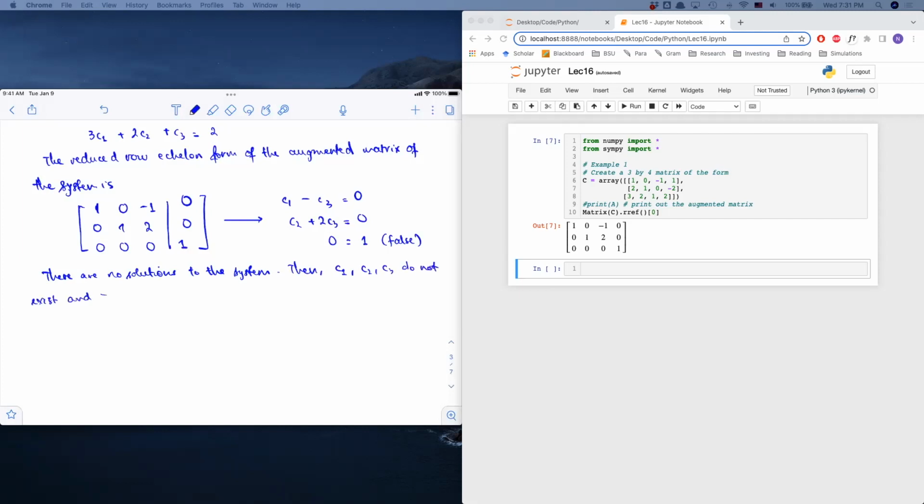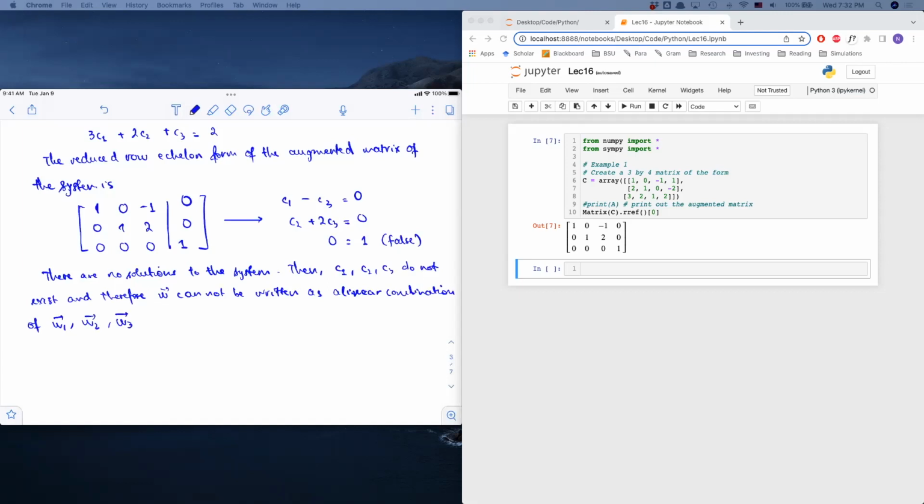And therefore, w cannot be written as a linear combination of w1, w2, and w3.